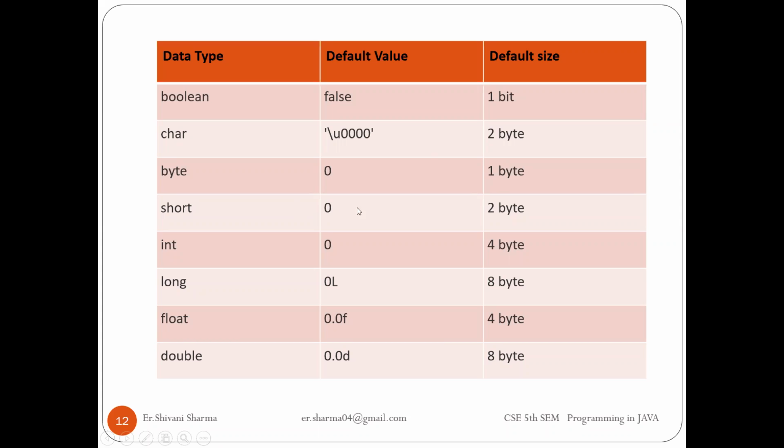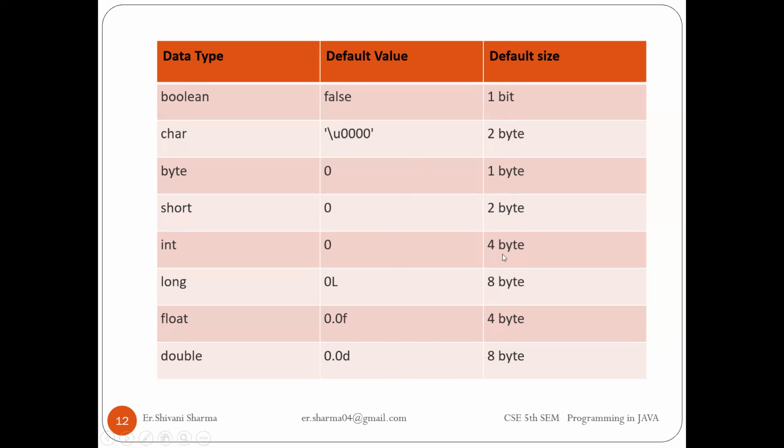Short contains the 0 value by default if you are not initializing it with any value, and short takes 2 bytes of memory. Int also by default contains the 0 value, and the size of int is 4 bytes. Long is 0L, 8 bytes. Float is 0.0f, 4 bytes. Double like this.